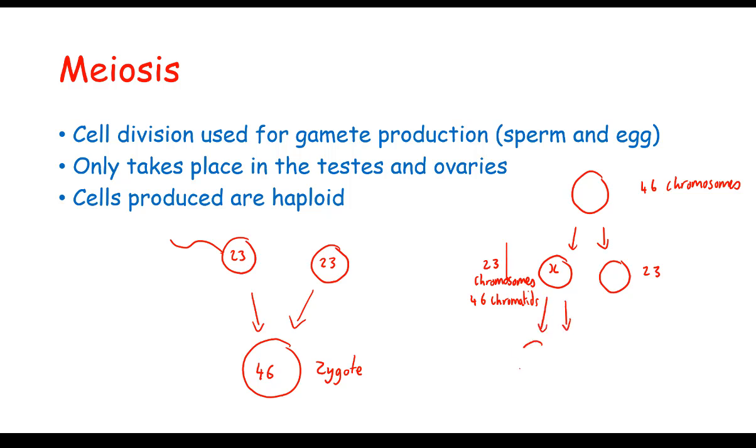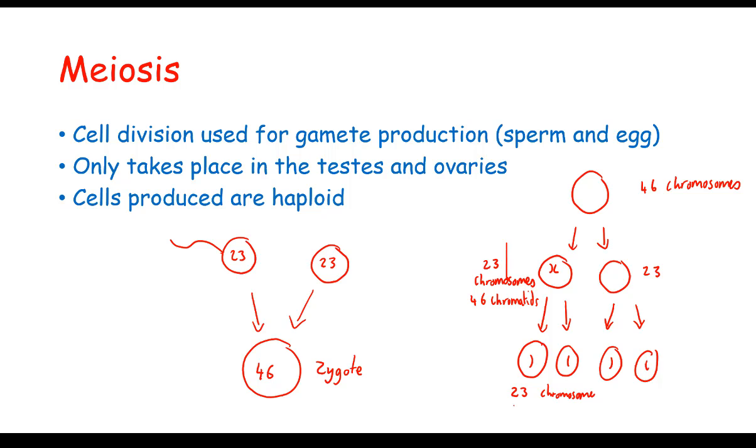Another division takes place and one of the chromatids goes into each cell. And we end up with 4 daughter cells, each containing 23 chromosomes. And because each chromosome is single-stranded, there are 23 chromatids.